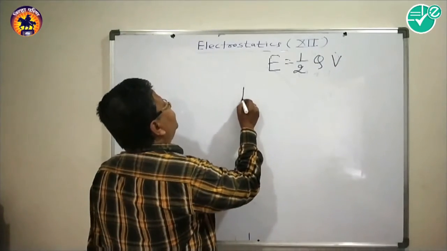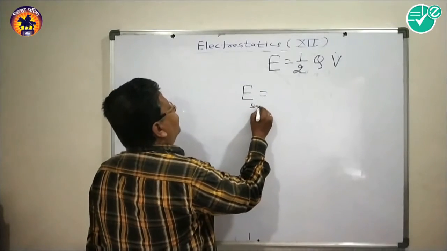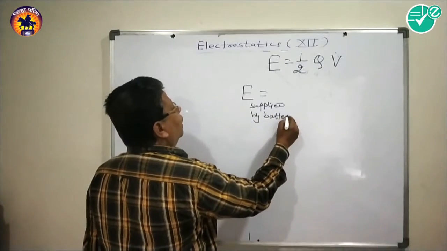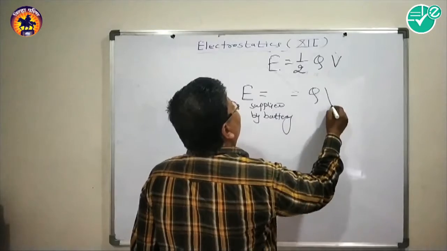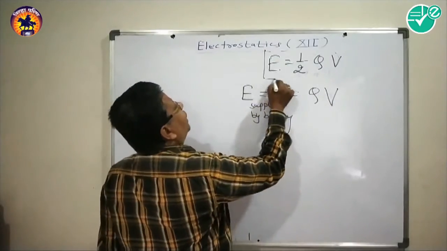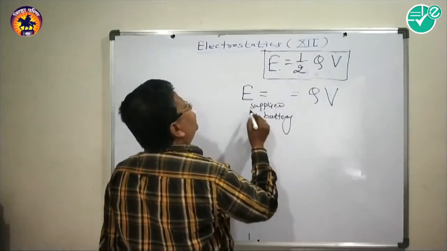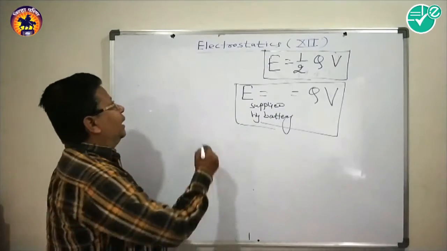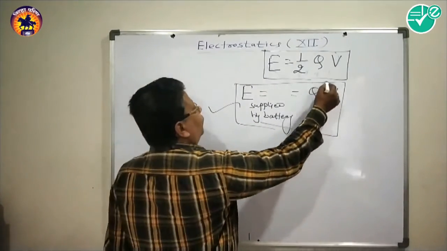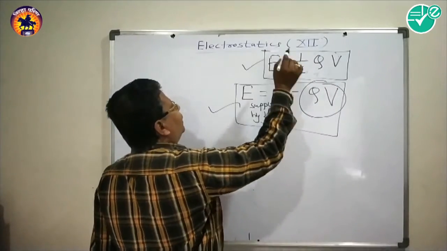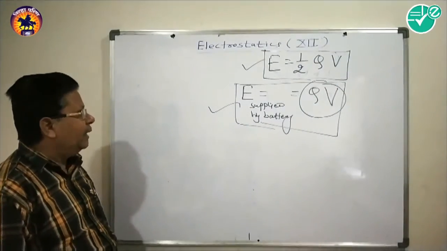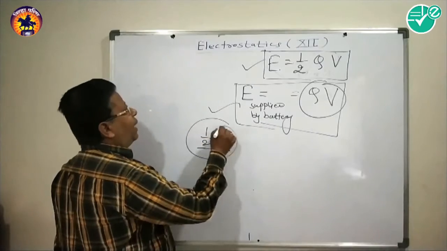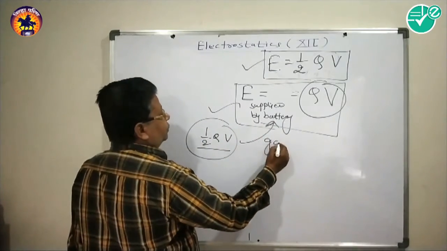The energy supplied by the battery or the source is equal to Q into V. But the expression for energy stored is half of Q into V. Then the energy supplied by the battery is Q into V, but energy stored by the capacitor is half into QV. Then where does the half QV energy supplied by the battery or cell go?